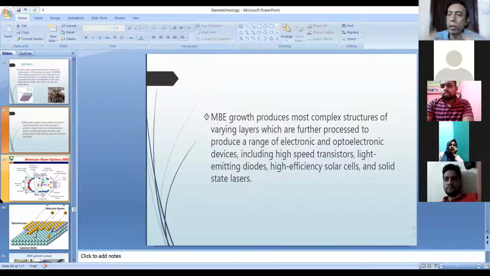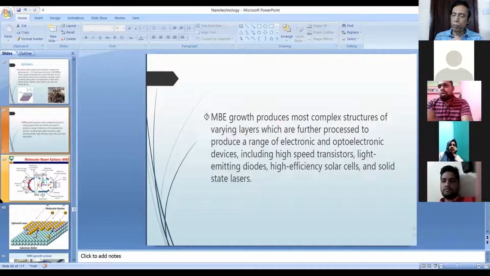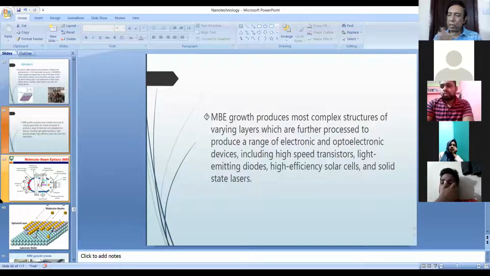And both are crystalline. Silicon is crystalline and the substrate is also crystalline. So this is one type of molecular beam epitaxy, which is called homoepitaxy. And there is another type of epitaxy that is known as heteroepitaxy.